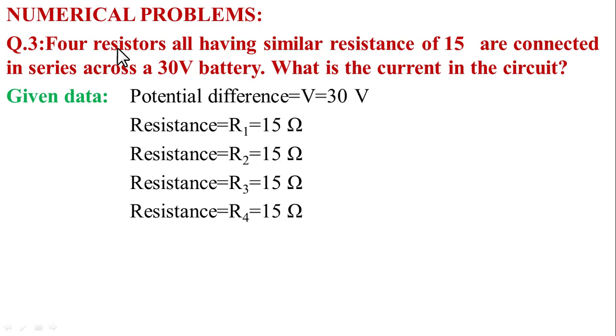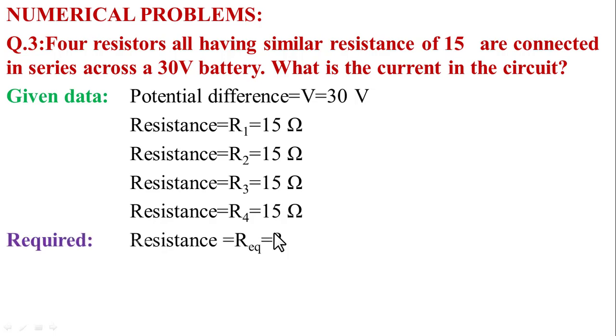Here the given statement says 4 resistors have similar resistance of 15 ohm, so each has 15 ohm. Therefore we write that R1 is equal to 15 ohm, R2 is equal to 15 ohm, R3 is equal to 15 ohm and R4 is also equal to 15 ohm.